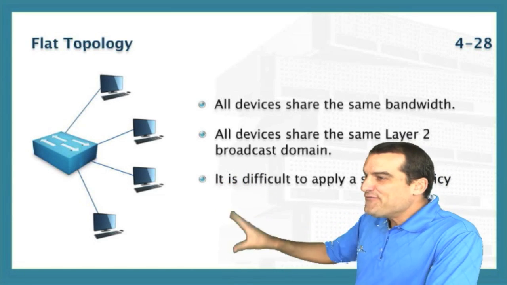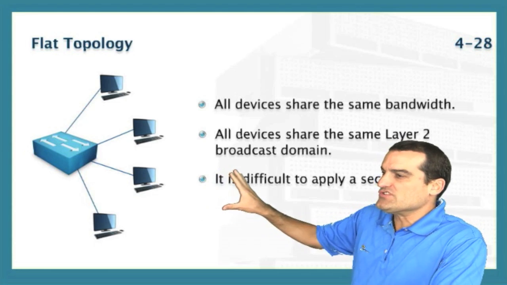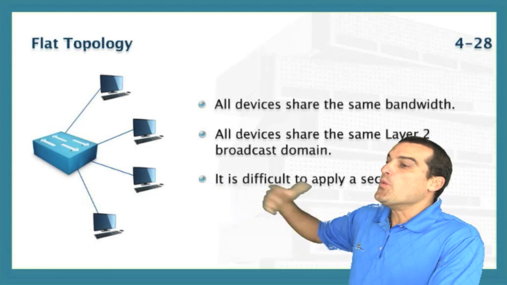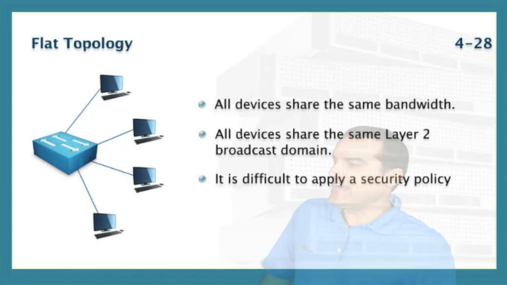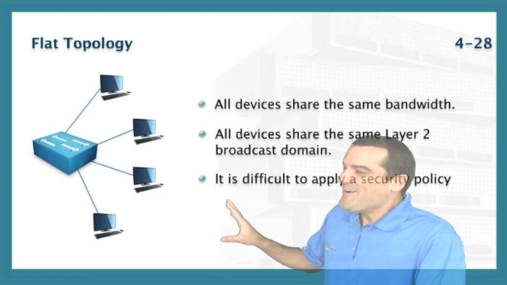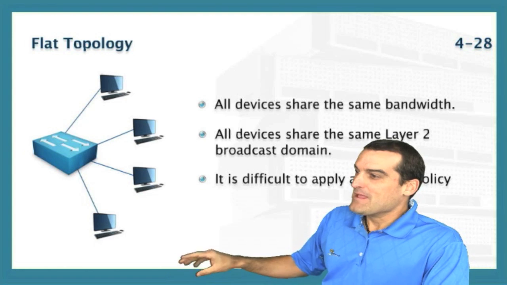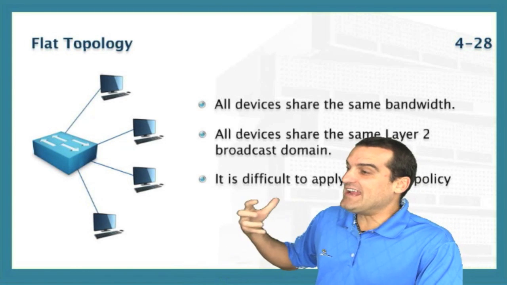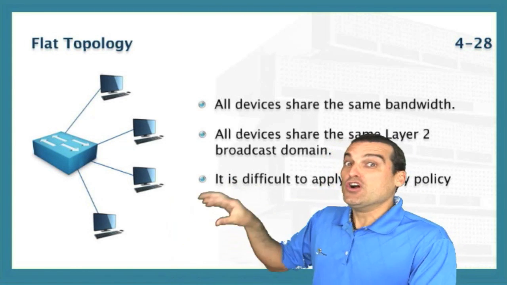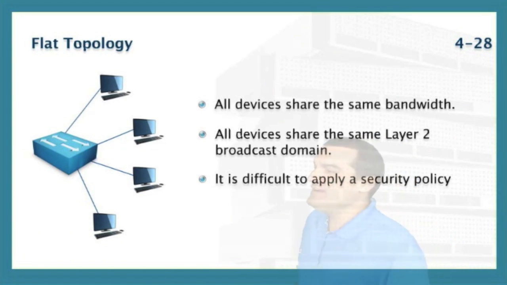If all we did was have layer 2 switches, we could start getting too many machines all on one network. Here's the main problem. And sorry that I'm stumbling a little bit here. I'll get better. Watch.